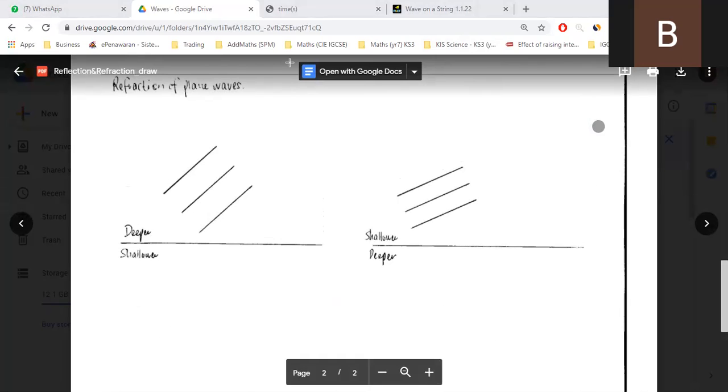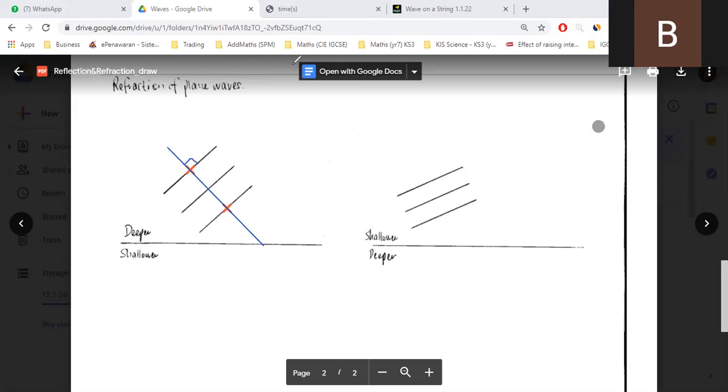So I mark the midpoint, this one and this one. Then I draw my direction. Make sure it is perpendicular to the ray like this. Okay, this is your first job.